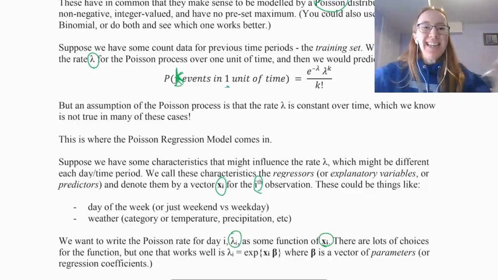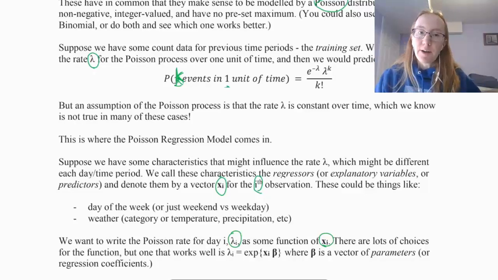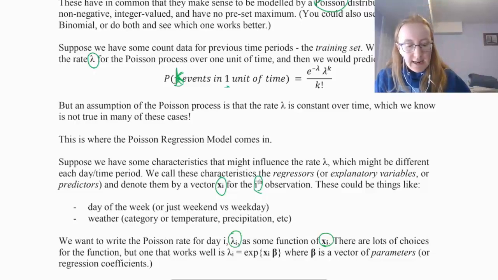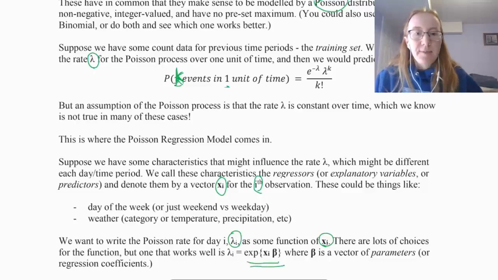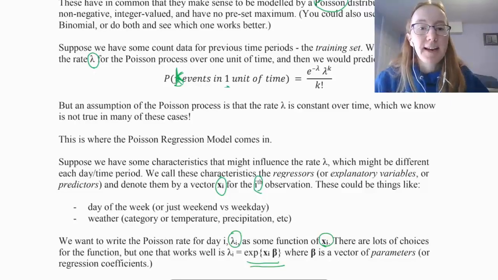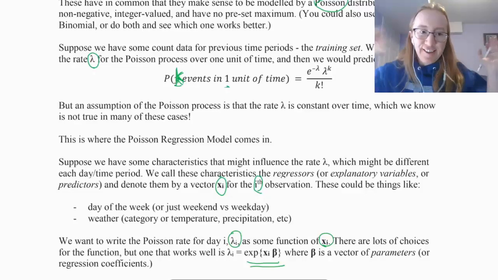And there's an infinite number of choices for what that function is. But one thing that works pretty well, and that characterizes the Poisson regression model, is we take e to the power of this vector xi multiplied by another vector beta, where beta is just a vector of parameters, sometimes known as regression coefficients. There's also lots of names for that.